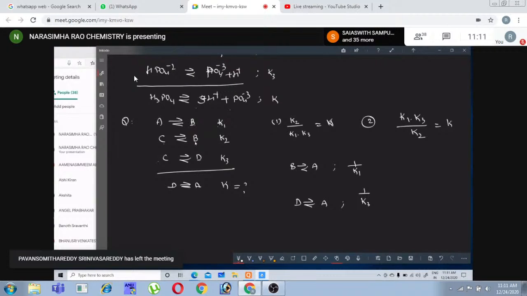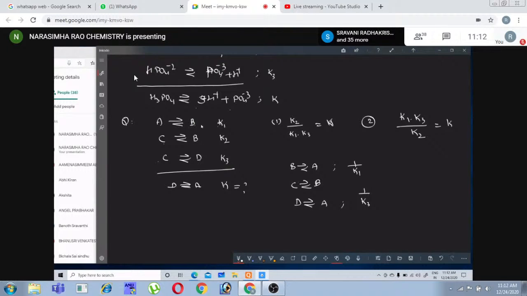To cancel this equation, I am inverting it. B is as it is, right? C is in equilibrium with B. Now C is in equilibrium with D. This is K2.